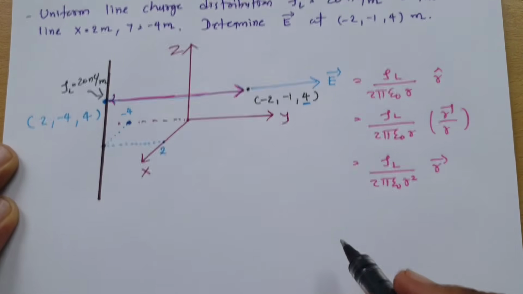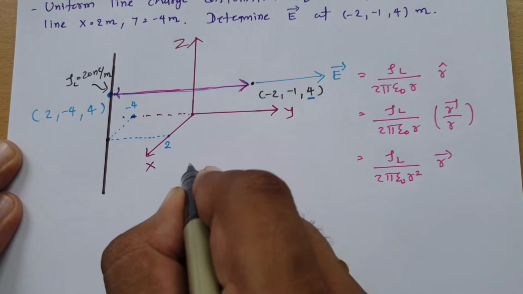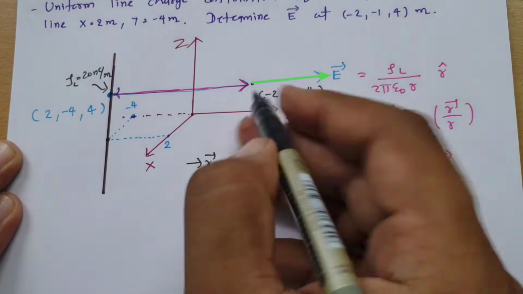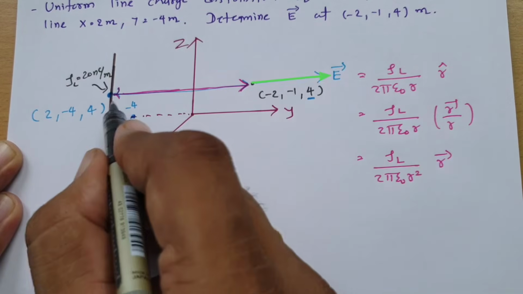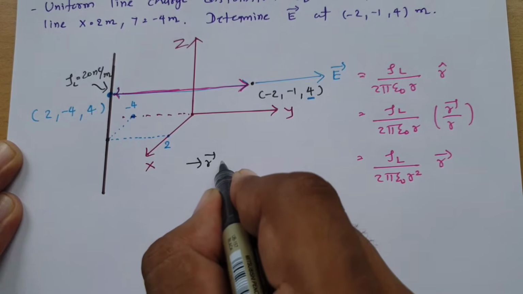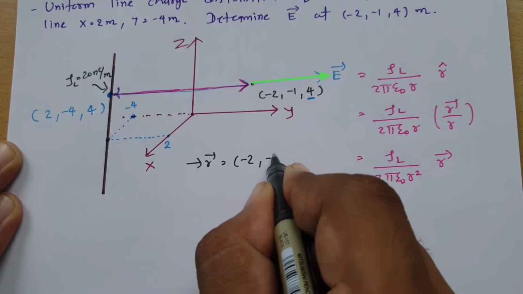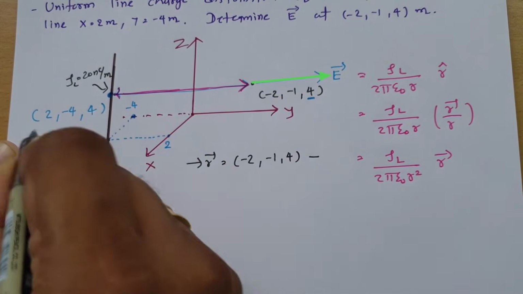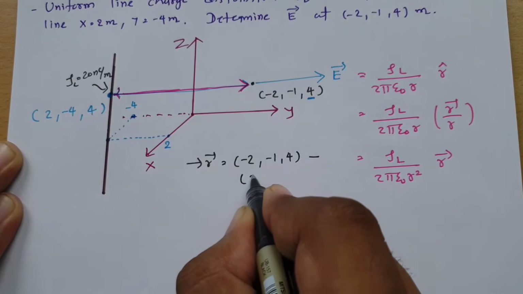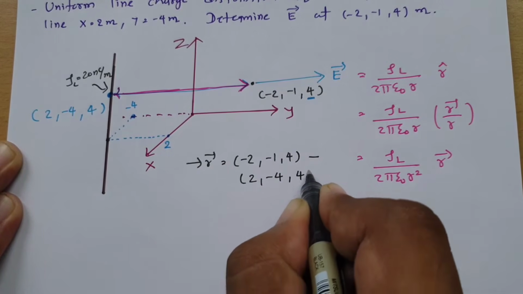Rho L is there with us. See, vector r is in this direction, meaning this point minus this point, right? So vector r is minus 2 comma minus 1 comma 4 minus 2 comma minus 4 comma 4.